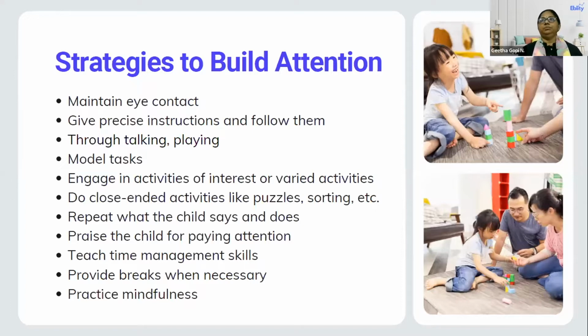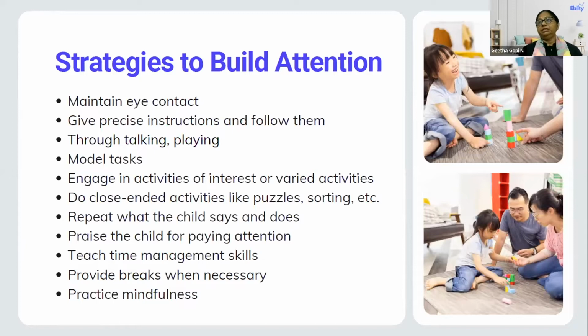Teach time management skills. Put a timer or a visual cue, where, okay, when I clap or when I say 1, 2, 3, we start, and when I say 1, 2, 3 again, you stop. Give these kinds of time duration boundaries, so they know it is only for this much time that they have to focus.